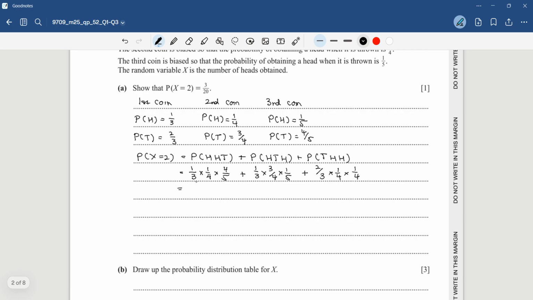Okay, so it will be 1 over 15 plus 1 over 20 plus 1 over 30. So you'll get 3 over 20.